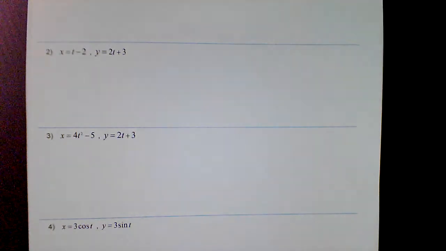And now we get into the process we call eliminating the parameter. It's a little method here that we use to determine the graphs based on the equations.